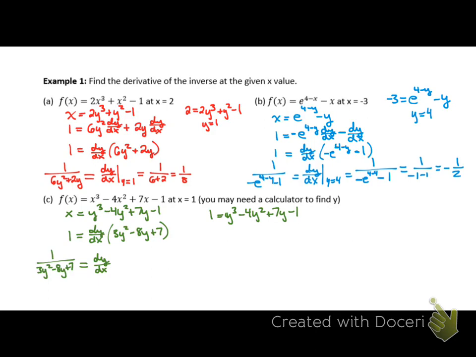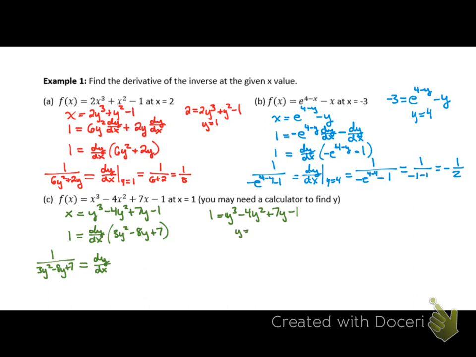If I plug in 1, I get 1 minus 4 plus 7 minus 1, which is 3. That doesn't equal 1. So that doesn't work. So I'm going to plug this into my calculator.